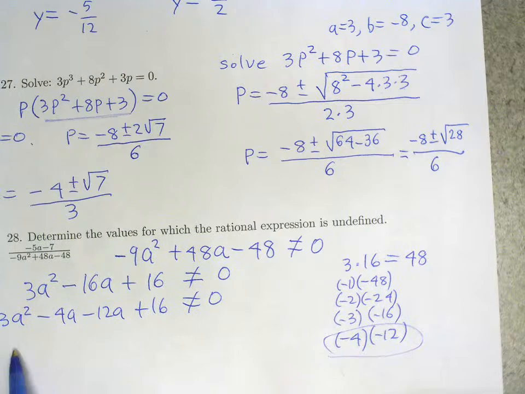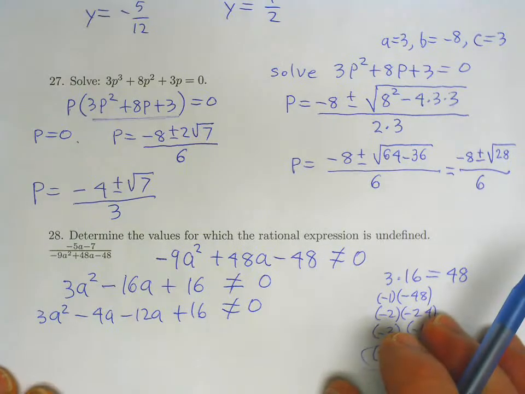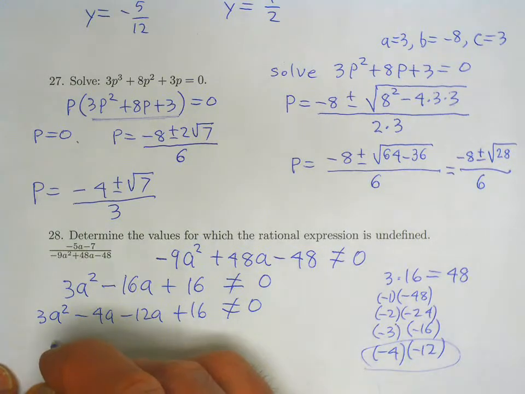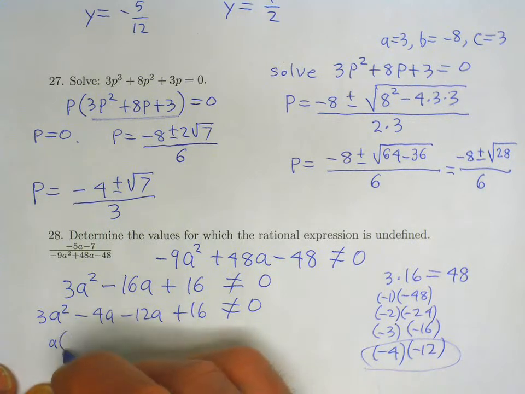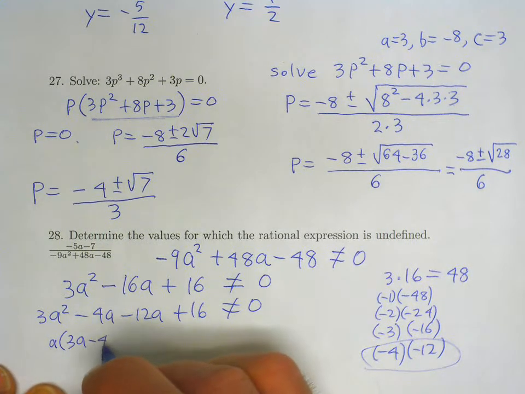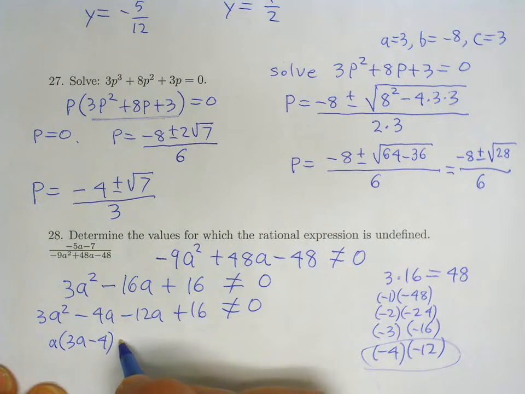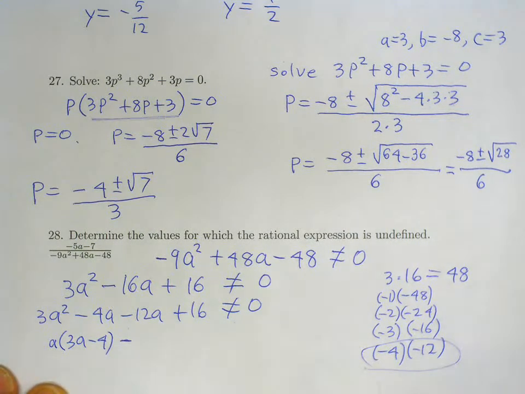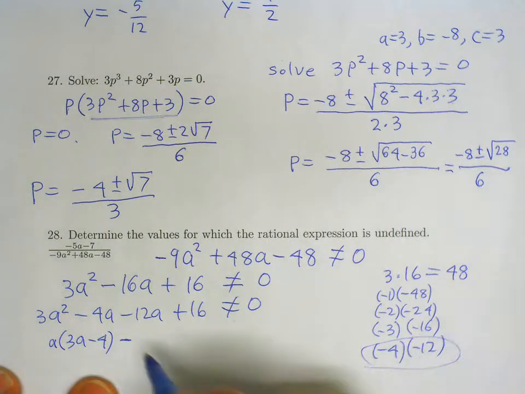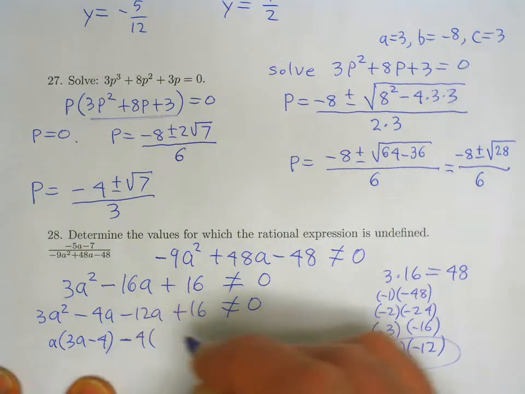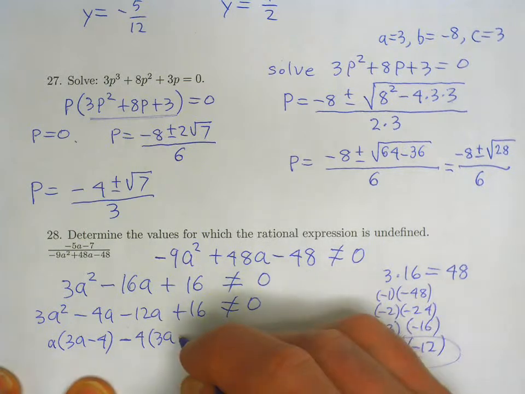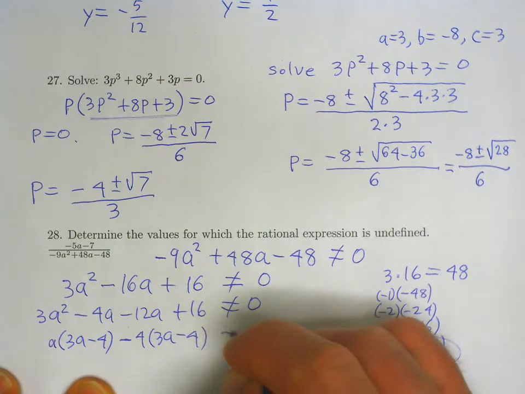And then out of the first two terms, we can factor out the greatest common factor, which is a, and we get a times (3a - 4). Then bring down the middle operator. Out of the third and fourth terms, we'll factor out negative 4, and we get 3a - 4 does not equal 0.